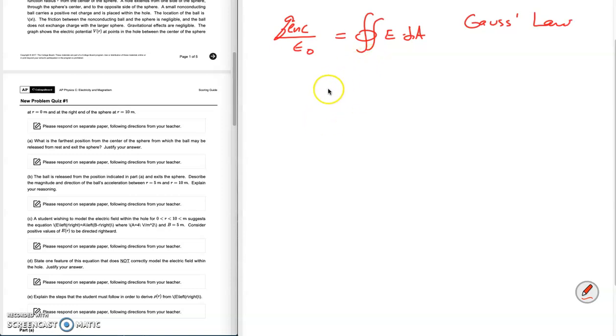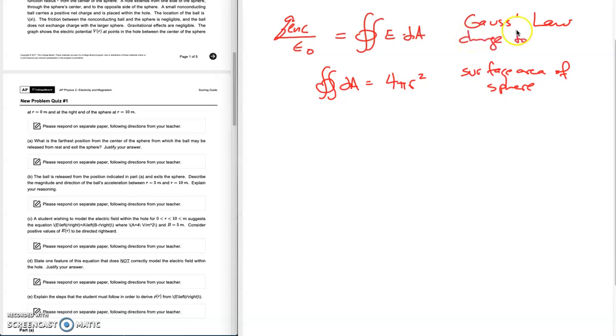Since we're talking about a sphere, you need to make sure you have the surface area of a sphere included there. In Gauss's law, we're relating charge to E field: surface area of sphere times E on the one side. On the other side, the Q enclosed is going to be the integral of density times volume of a sphere.